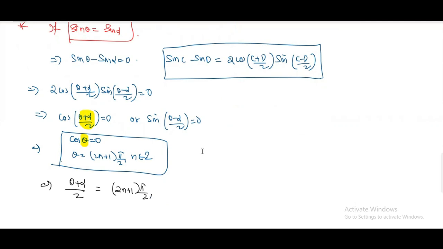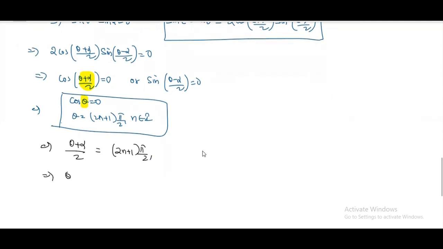When I multiply by 2, the 2 and 2 get cancelled. We will get theta plus alpha is equal to 2n plus 1 into pi. So we can write theta is equal to 2n plus 1 into pi minus alpha. So let it be 1.